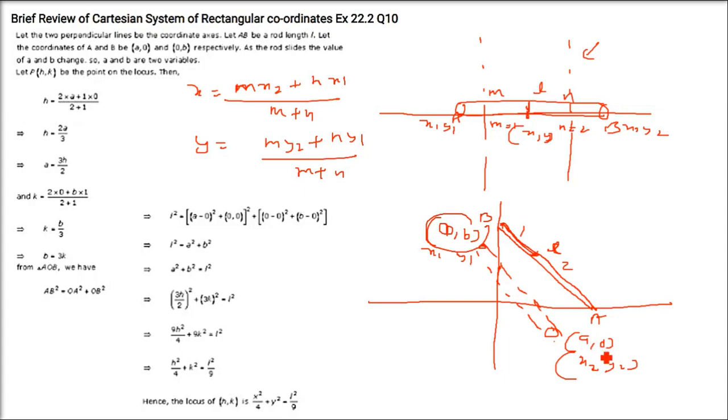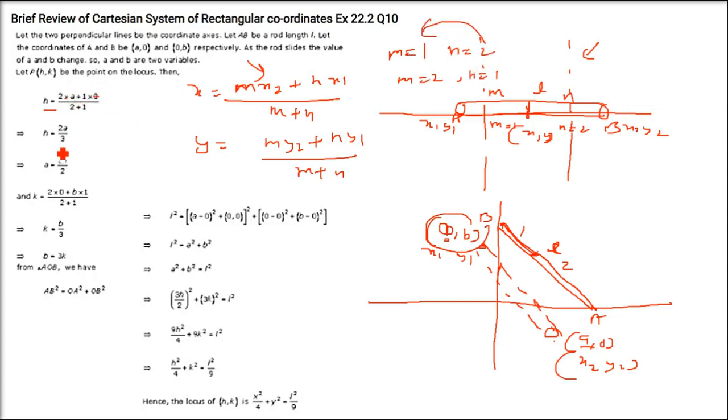So this is (x1, y1), (x2, y2). Now you will get the value of the point (h, k) which is dividing it 1:2. As I said, you will take m as 1, n as 2, or m as 2 and n as 1. Now you have the endpoints (0,b) and (a,0), and you have m and n. Just put these in for h, the point which is dividing it 1:2.